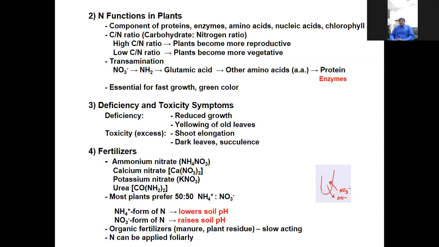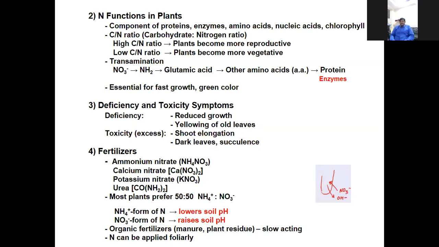What are the deficiency symptoms and toxicity symptoms of nitrogen? Deficiency means when an element is at low concentration, then the plant shows characteristic or distinct symptoms, known as deficiency symptoms. In respect of nitrogen, the deficiency symptoms are yellowing of older leaves, that is known as chlorosis, and reduced growth.